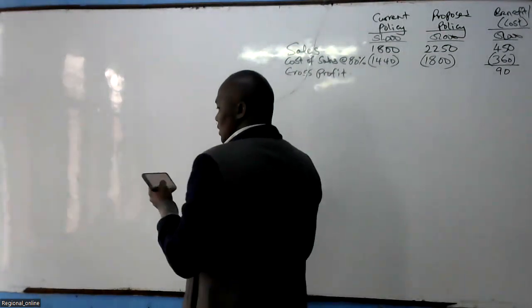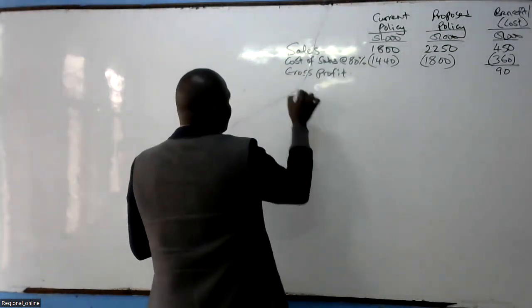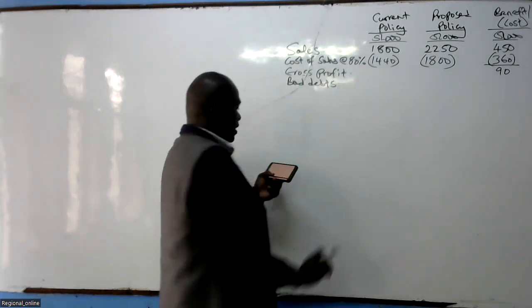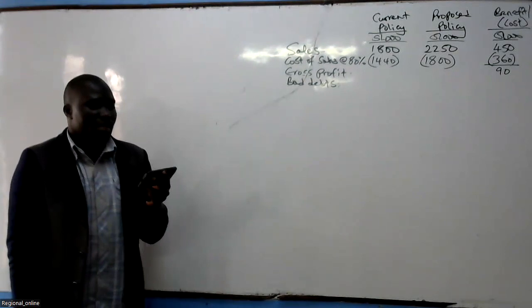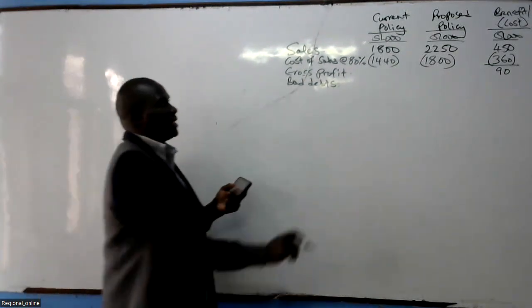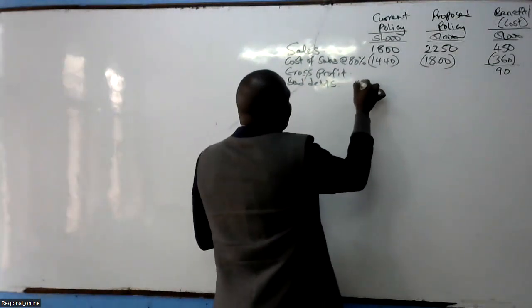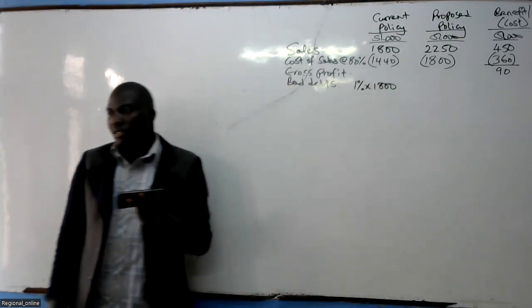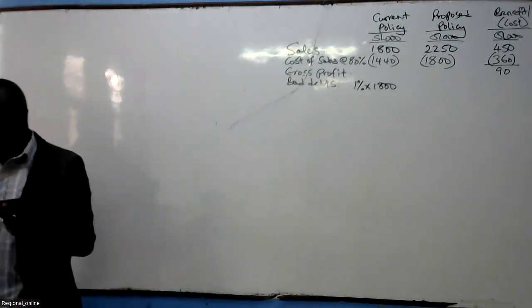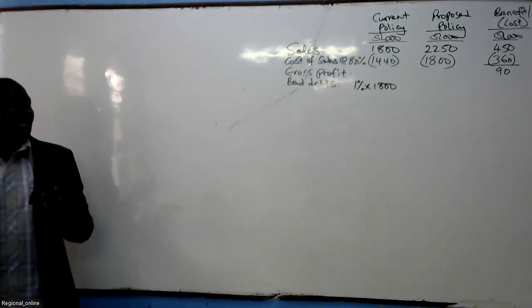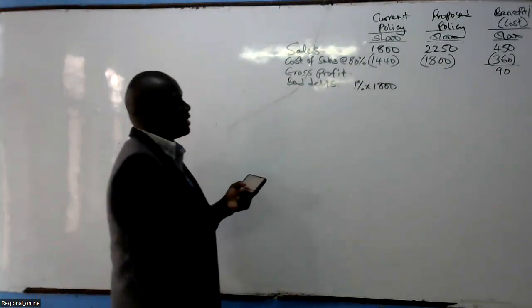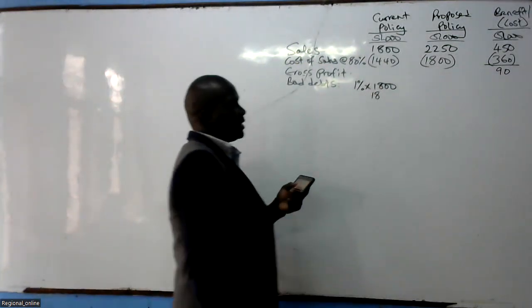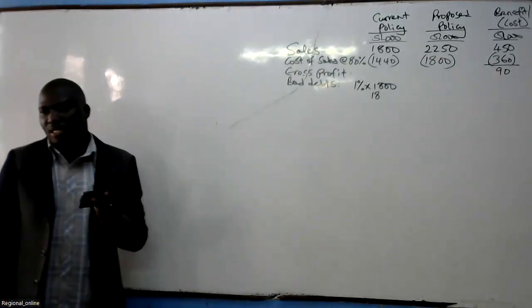Look at other expenses. We have somewhere bad debts. Currently, how much are bad debts? 1% of our sales, of the credit sales. All sales are on credit unless told otherwise. Clear. So currently bad debts are 18, 1% of 1800.